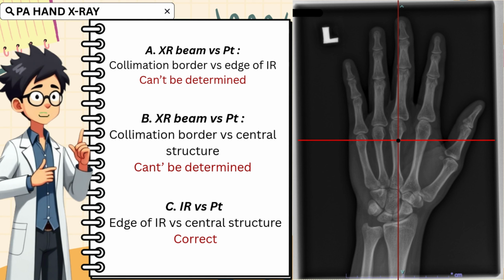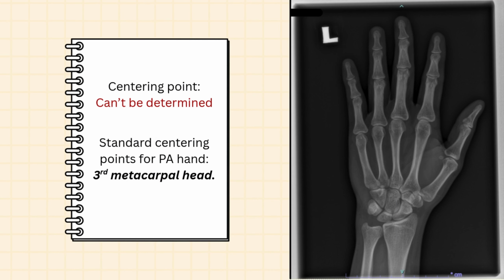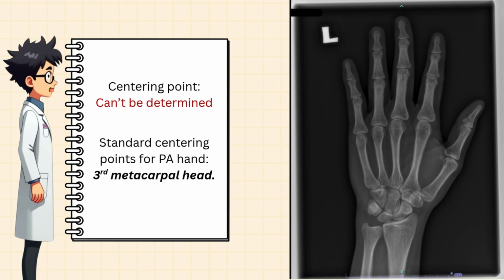However, the alignment between the image receptor and the patient appears to be correct, as the distance from the central anatomical structure to the edges of the image receptor is equal both superiorly, inferiorly, and laterally. The centering point in this image cannot be clearly confirmed for the same reason. No four borders collimation is visible. As a reminder, the standard centering point for a PA hand projection is at the head of the third metacarpal.